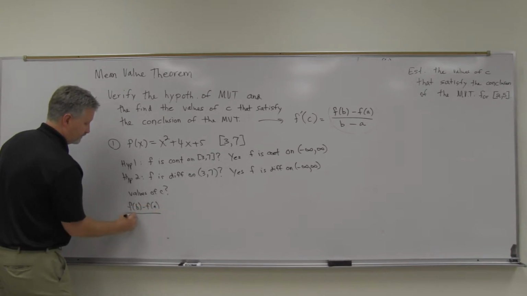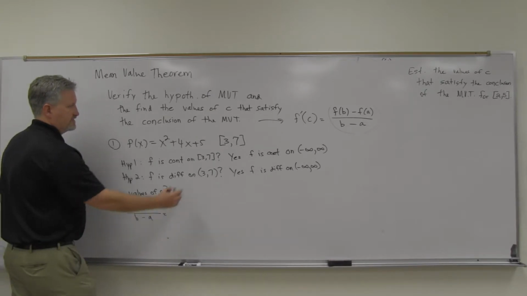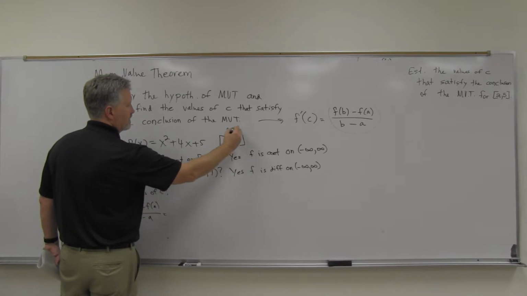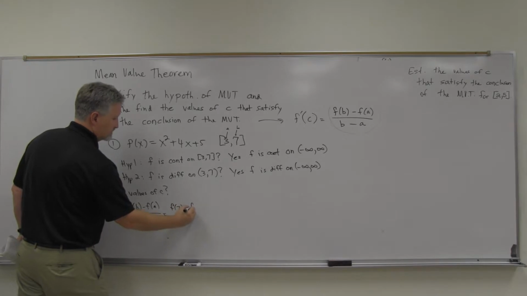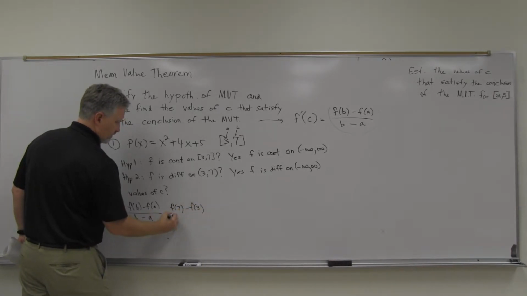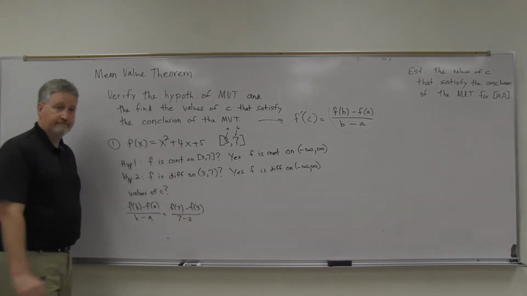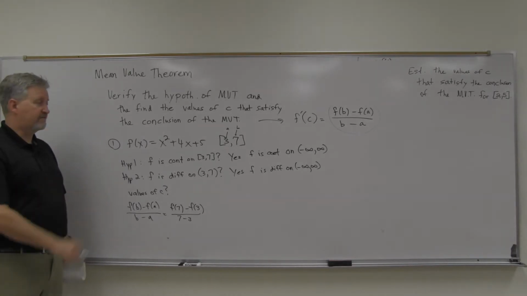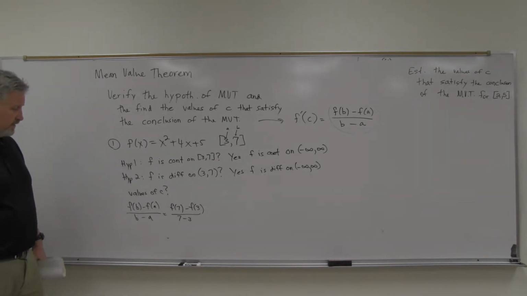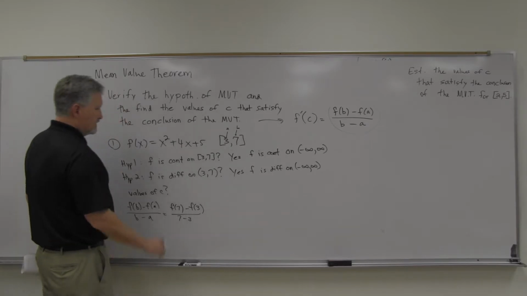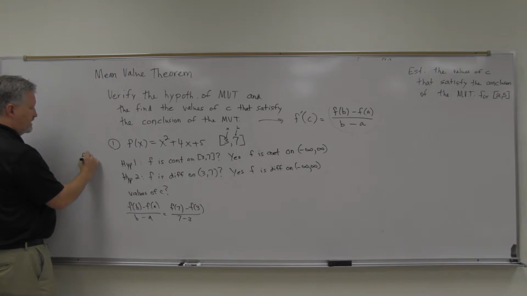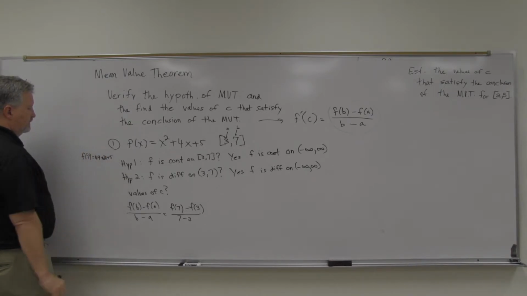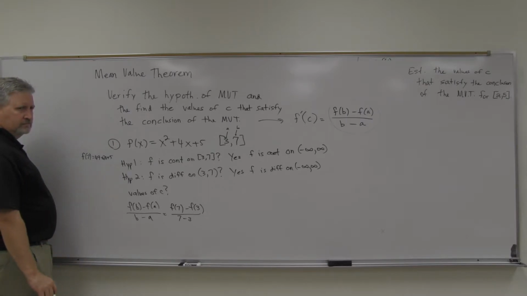With me there? So in this case, since that's A, that's B, I do f of 7 minus f of 3 over 7 minus 3. Yes? That's the value that I would have there. So f of 7 would be 49 plus 28 plus 5. That's 82.